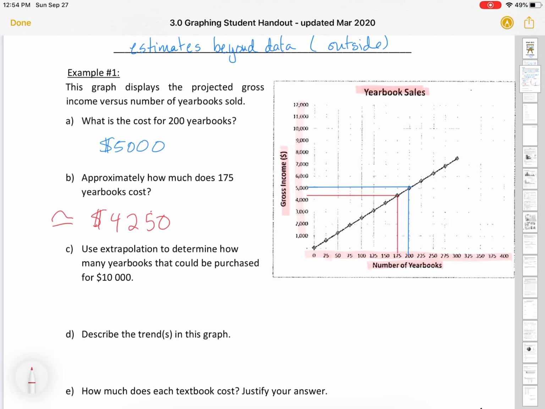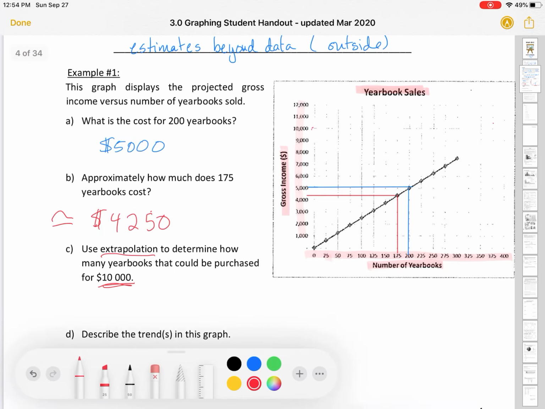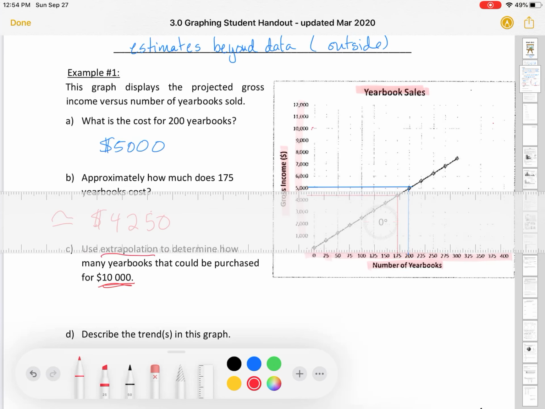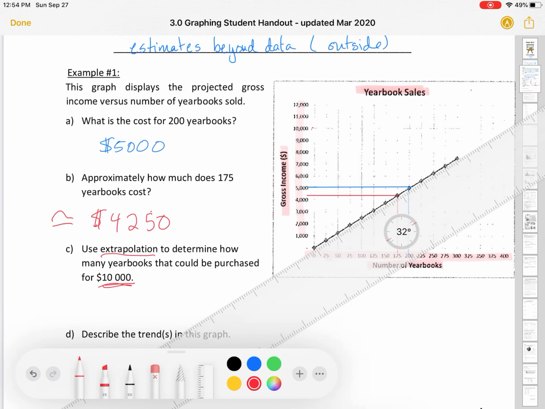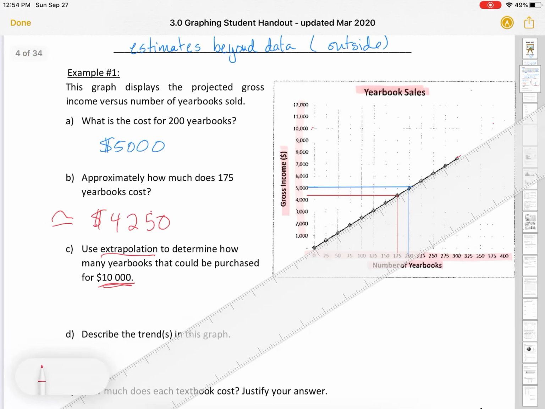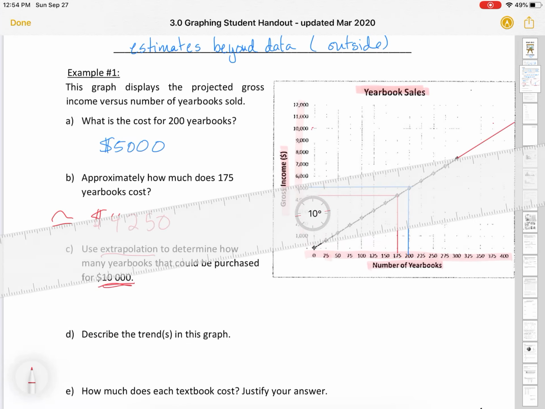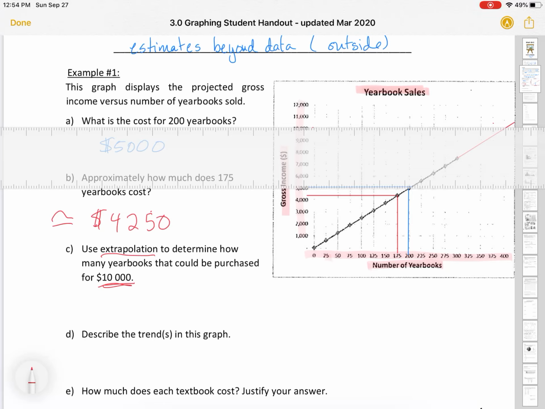So it's approximately. Then it says, use extrapolation to determine how many yearbooks could be purchased for $10,000. Now we have to use extrapolation because 10,000 is not on the graph. So we have to take our ruler and we've got to extend this line. So when we do that, we extend it up, right? And then we're going to match it up with 10,000.